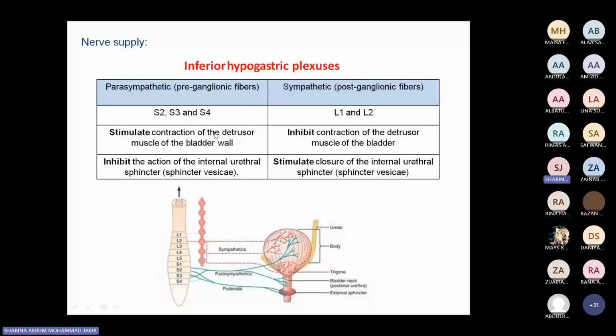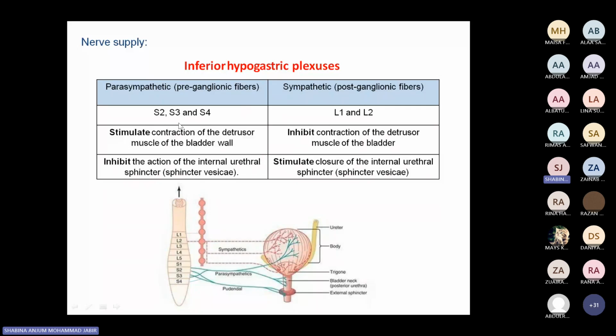If you have any patient of cerebrovascular episode or paralysis, paraplegia or hemiplegia, the first thing they do is put in a catheter, because the patient generally loses control of urine. So this nerve supply is very important, through the inferior hypogastric plexus, parasympathetic and sympathetic.